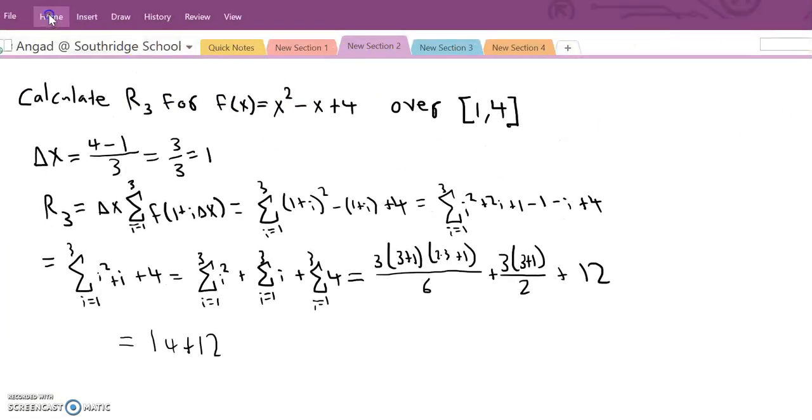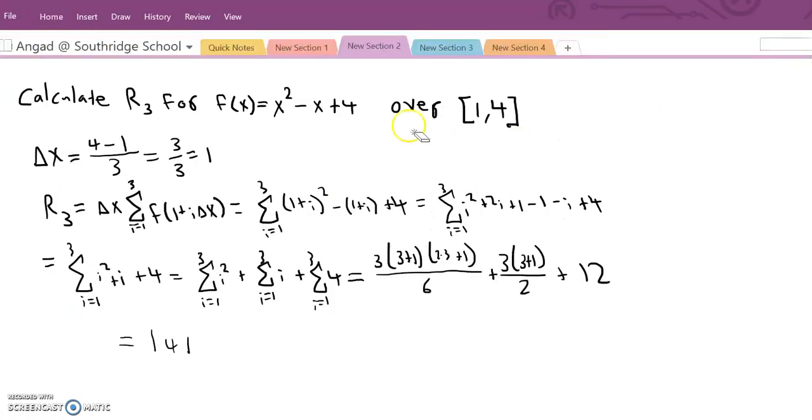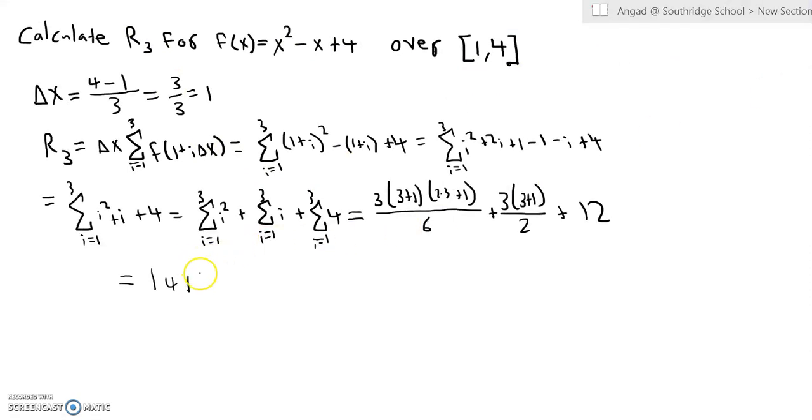So this will actually be 6, because 3 times 4 divided by 2 is 6. So slight error, but so it's plus 6, and this is 12 plus 12. So it equals 32. So that is the approximation of our area using our right endpoint formula.